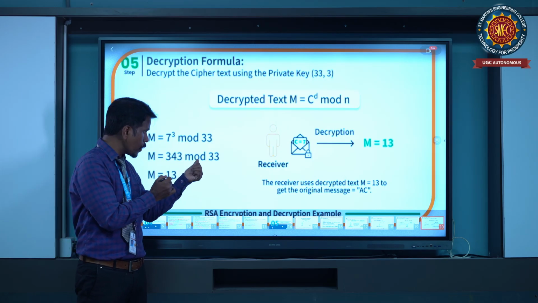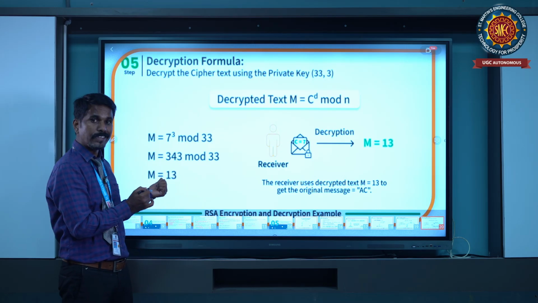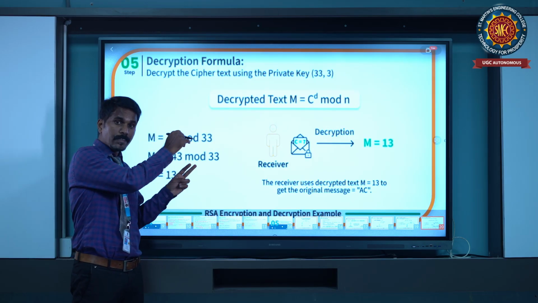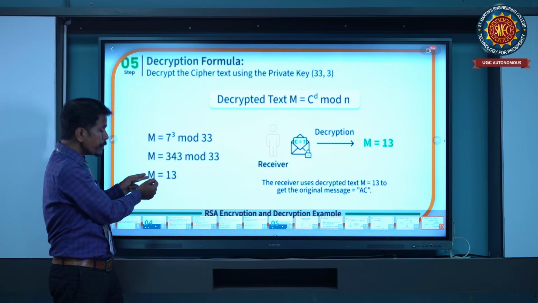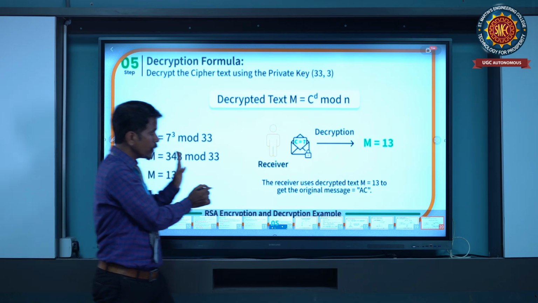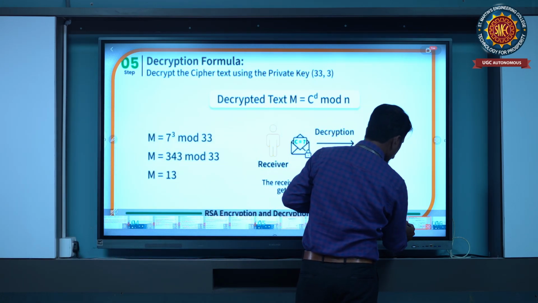When we take mod 33, we finally get 13. First we encrypted 13, and after decrypting we got the same result. So this is the process.